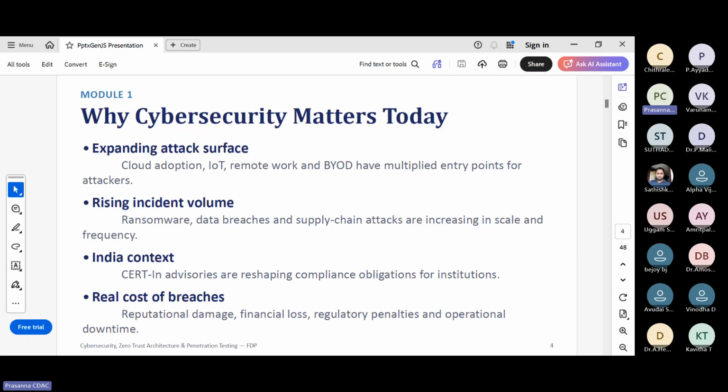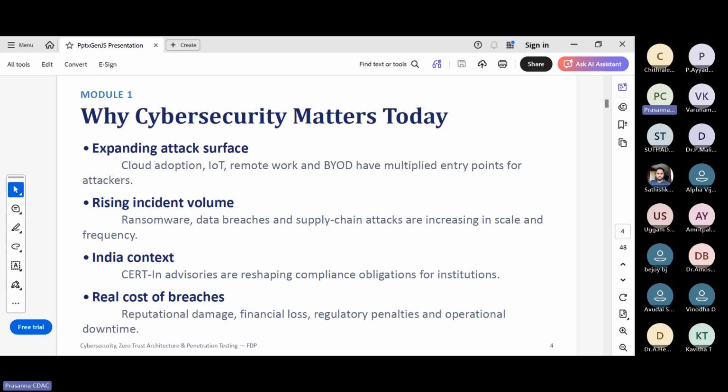First, what do you mean by cybersecurity? I will briefly explain a few terms so that everybody is on the same page. There are a few terms we need to be very sure about. The first term is vulnerability.